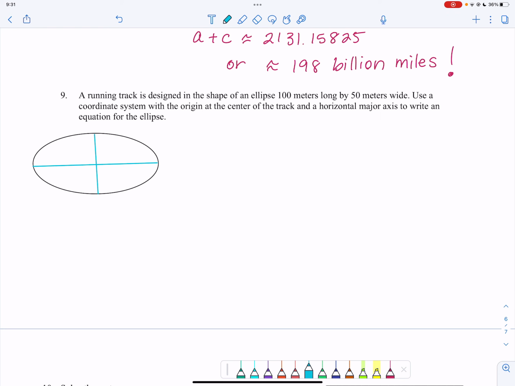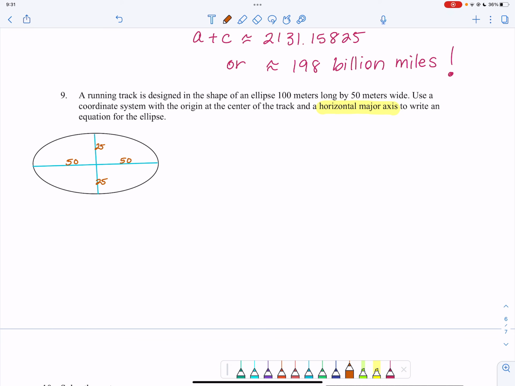So that's important, a horizontal major axis. So we will have our larger value squared under the x squared term. And we need to write an equation for an ellipse. So if the running track is 100 meters long, that would mean 50 and 50 here. And if it's 50 meters wide, we have 25 and 25.